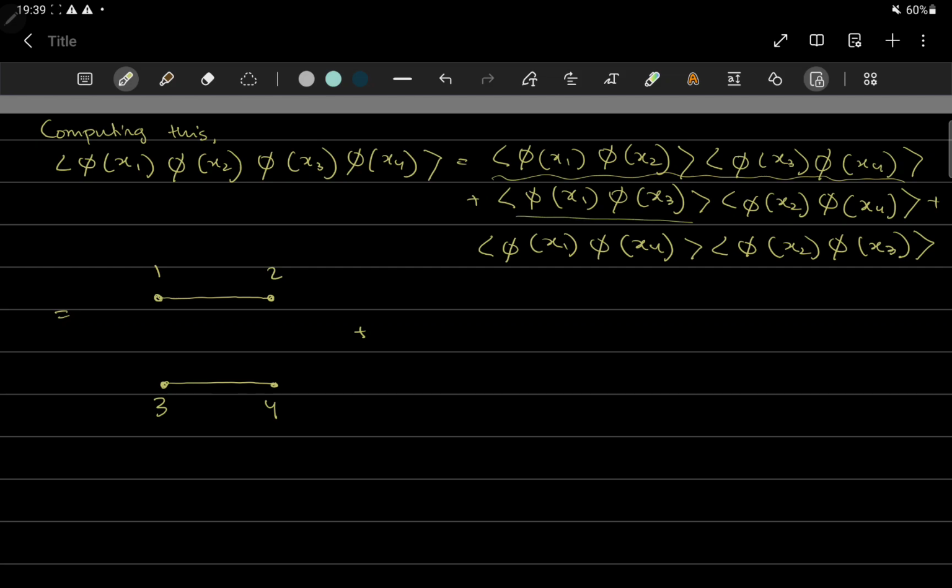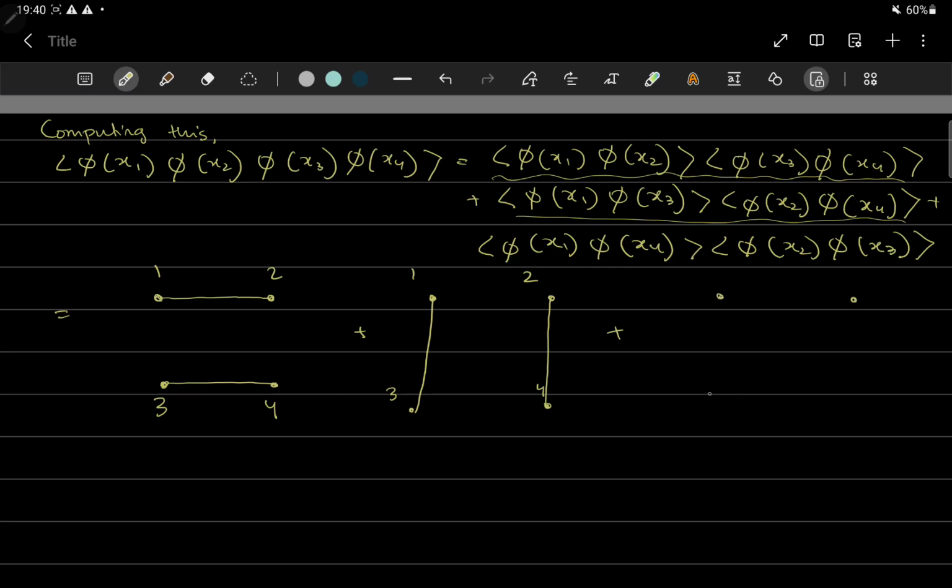Now the second term over here again has the same x1, x2, x3, x4 points, labeling them as such, but the propagation now is between x1 and x3, so like this, and 2 and 4.